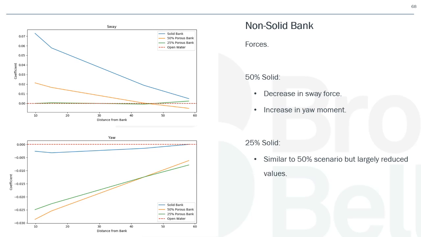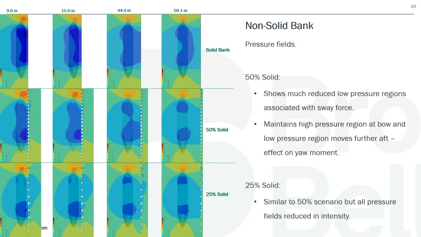So your solid bank yaw moment is closer to your open water case than your non-solid banks, and this is very surprising, and it makes you question, could that be correct? Because it's not what you would expect. You would expect a reduction, as we saw in the sway force. And if we look back again at our pressure fields, we can start to get an understanding of why this is the case. It's back to what I was just explaining earlier, this difference in the pattern of your pressure field.